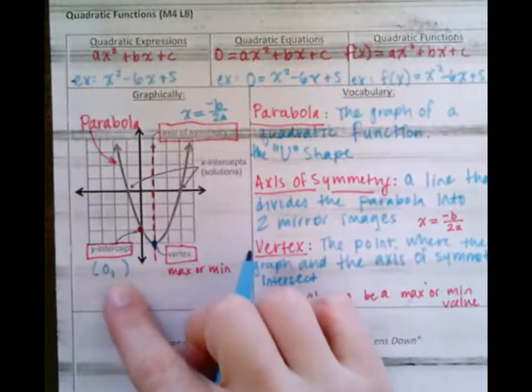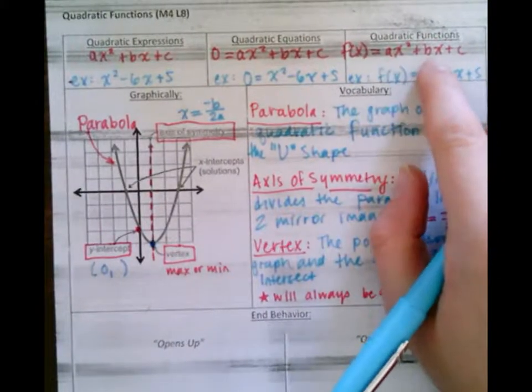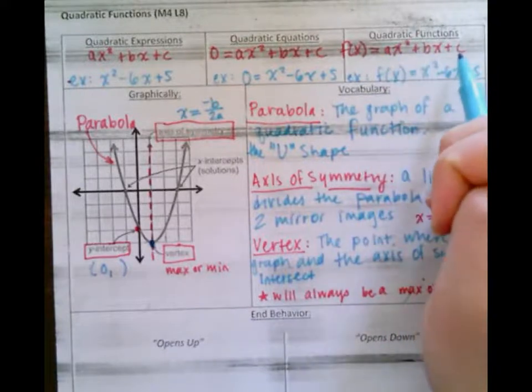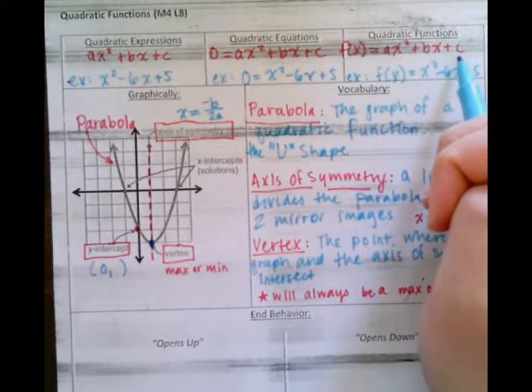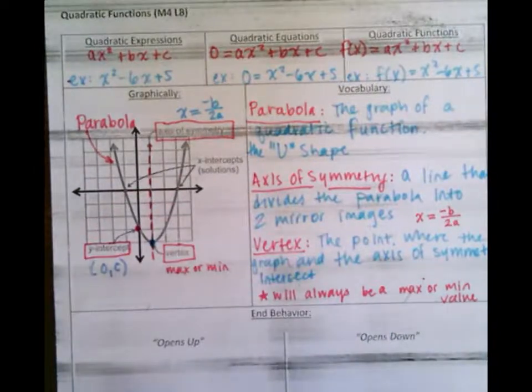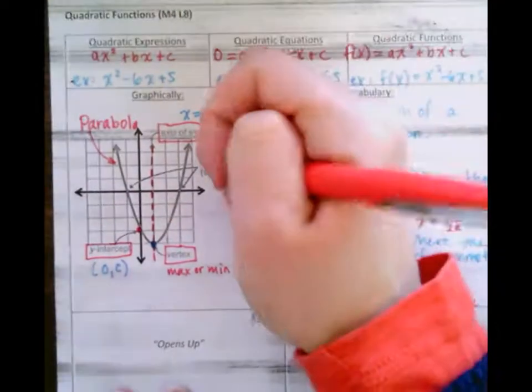The y value, if you imagine plugging in 0 for x into the standard form, the ax squared term would be 0, the bx term would be 0, and you'd be left with just c as your y value or your output. So the y-intercept will always be that c value, or 0 comma c. And then the last thing on here are x-intercepts.